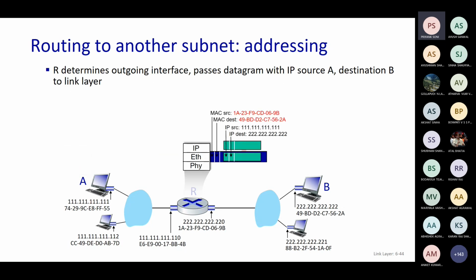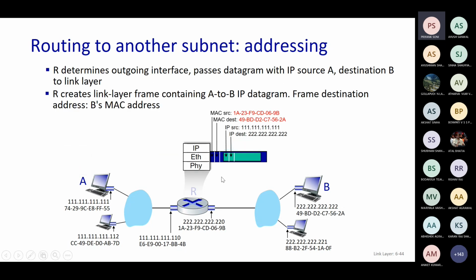So now what will R do? R will create a link layer frame that contains the A to B IP datagram, and the frame destination address, that is B's MAC address. It is assumed that R definitely knows B's MAC address.